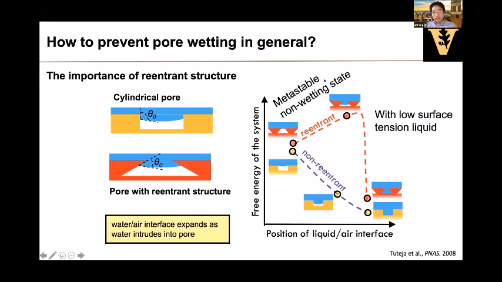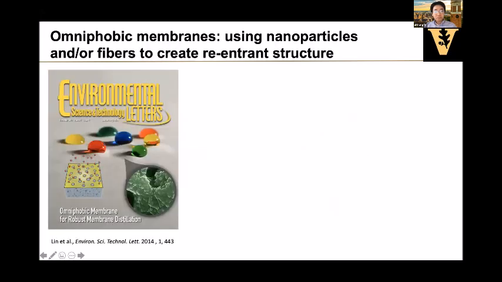Basically, you have a metastable state for the non-wetting state. In order to overcome this energy barrier, you have to apply a large enough pressure. So that's why even with low surface tension liquid, for which wetting is thermodynamically favorable, you can still maintain a non-wetting state that is metastable.